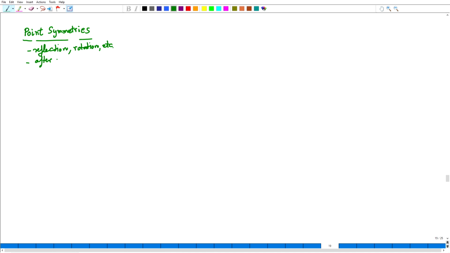After a point symmetry operation, there is at least one invariant point. Now, let us see what this definition means.